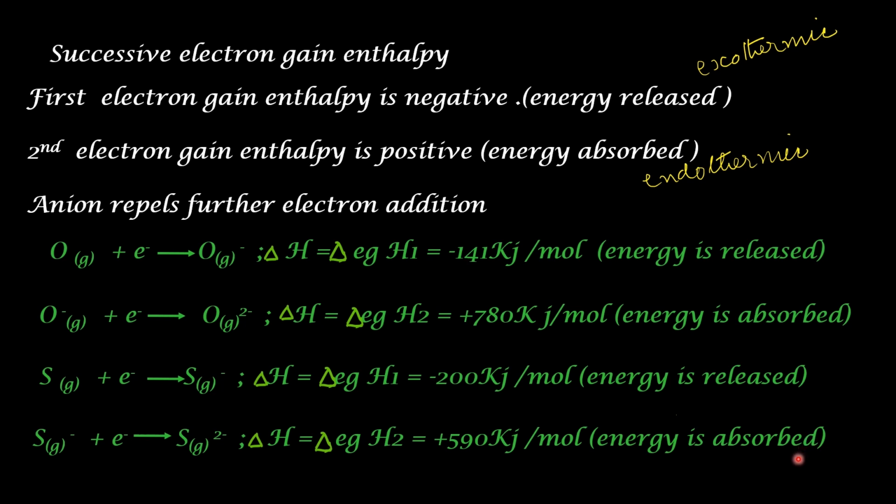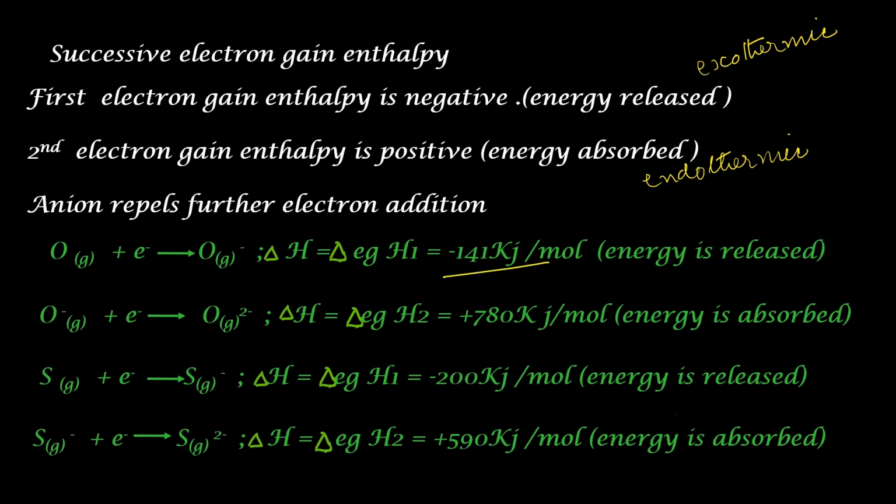From this you can understand, in general, the first electron gain enthalpy is always negative and the succeeding electron gain enthalpy is positive. So, electron gain enthalpy can be either negative or positive. But when we refer to electron gain enthalpy, we mean the first electron gain enthalpy that is always negative.